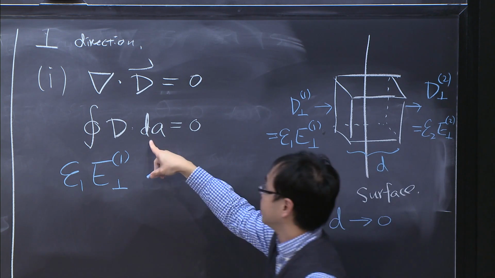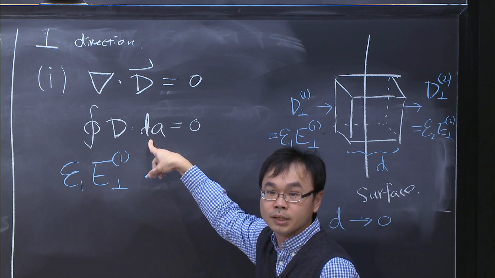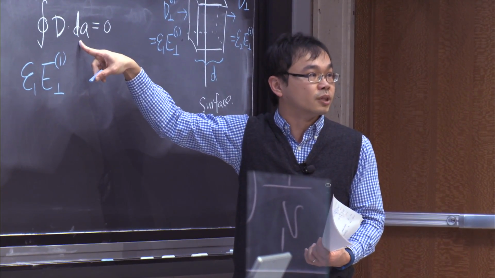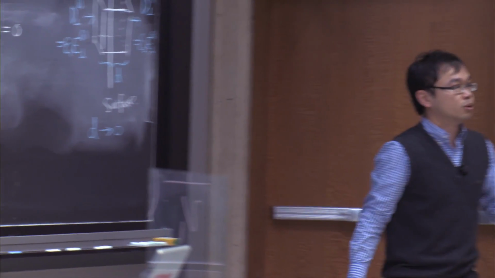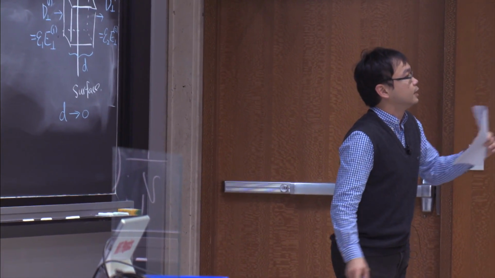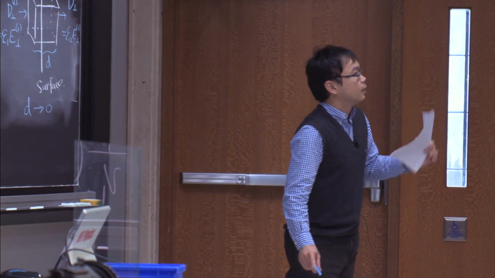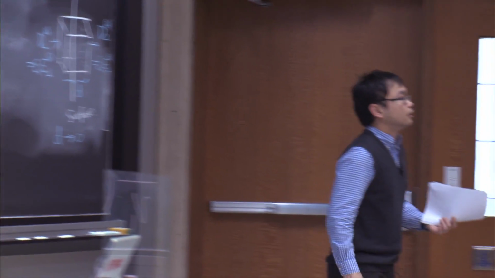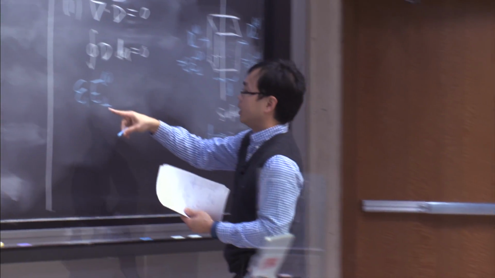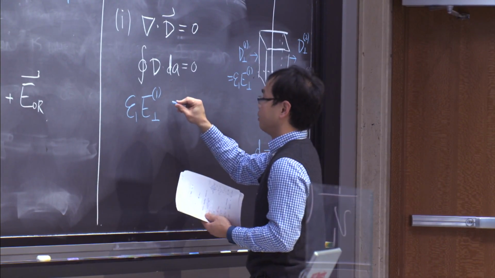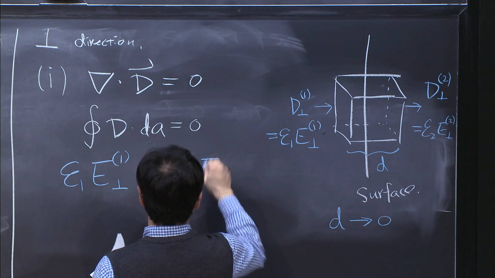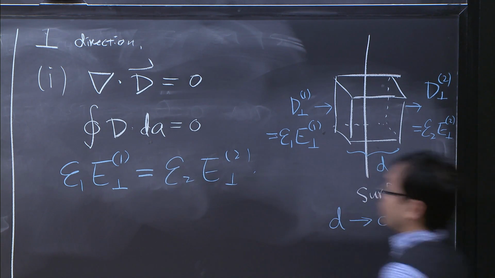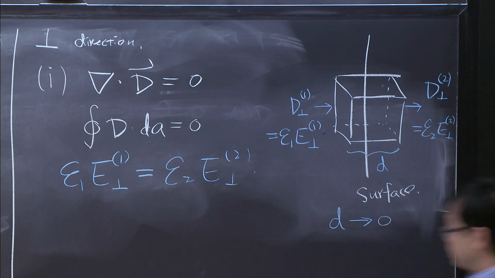I know the sum of all contributions of this surface integral equals 0, but I don't know the contribution from the side. But if d goes to 0, the area of the four sides also goes to 0, so it has zero contribution to the surface integral. Therefore, I can conclude that epsilon 1 E perp 1 will be equal to epsilon 2 E perp 2, based on this discussion.